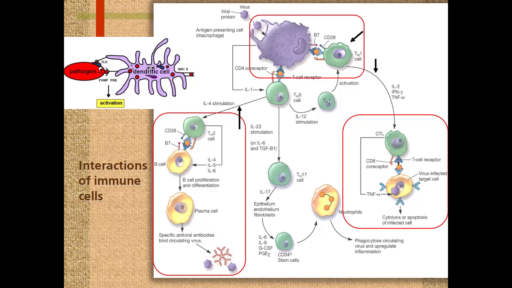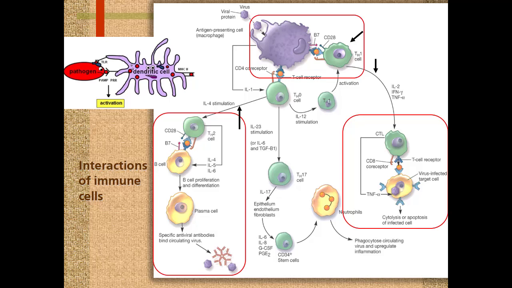It phagocytoses, takes it in, takes a piece of that antigen, a little antigenic determinant on it, that little red ball that you see, sticks it on the outside of its cell membrane with an MHC class II receptor. Remember, MHC class II are found on dendritic cells, macrophages, and B cells. That's the extent of the cells in your body that have that receptor.